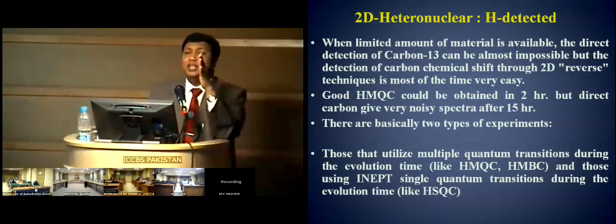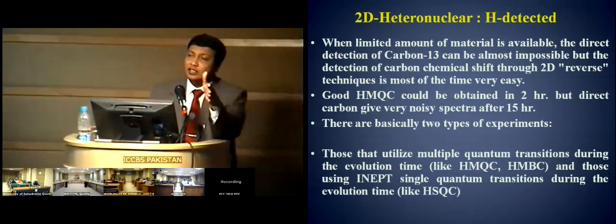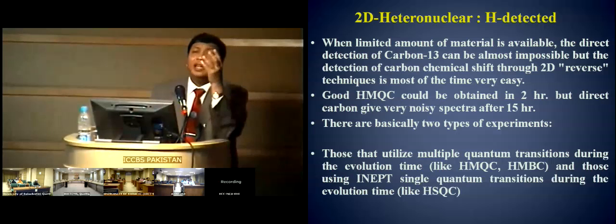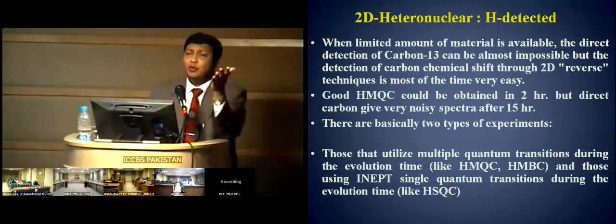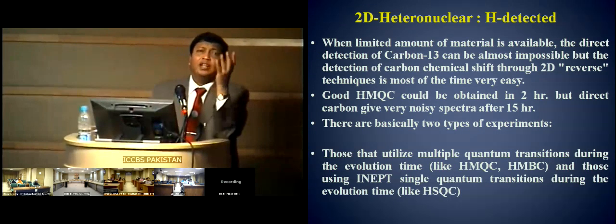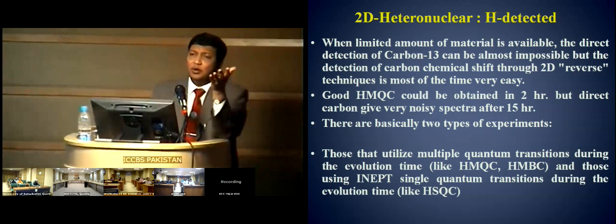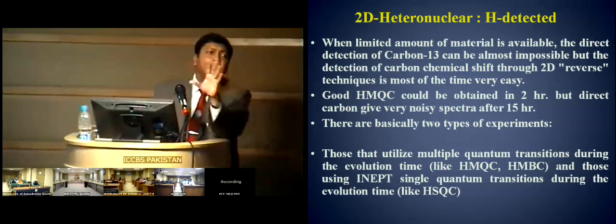Despite that, nobody is now doing anything else except polarization transfer. No experiment is recorded otherwise now. There is no laboratory in the world which would dare to record a fully coupled C13 NMR, or any laboratory in the world would record a fully decoupled C13 NMR spectrum only for the identification of quaternary carbon, nothing else.